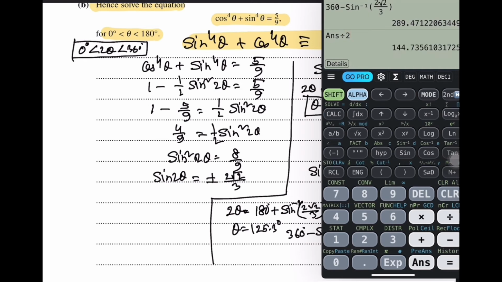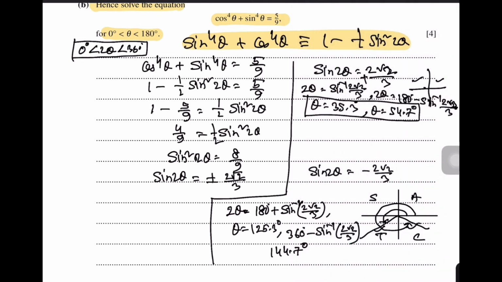So this is 144.7 degree. Another theta is 144.7 degree. I kept all these answers to 1 decimal place. This is the answer and this is another root.